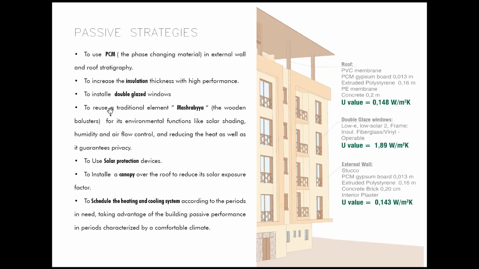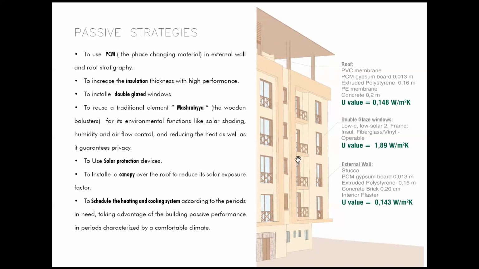The feature of wood is to shade and to decrease the humidity, and the airflow control is very, very good. I also used solar protection devices. I installed a canopy on my roof to reduce the roof solar exposure.